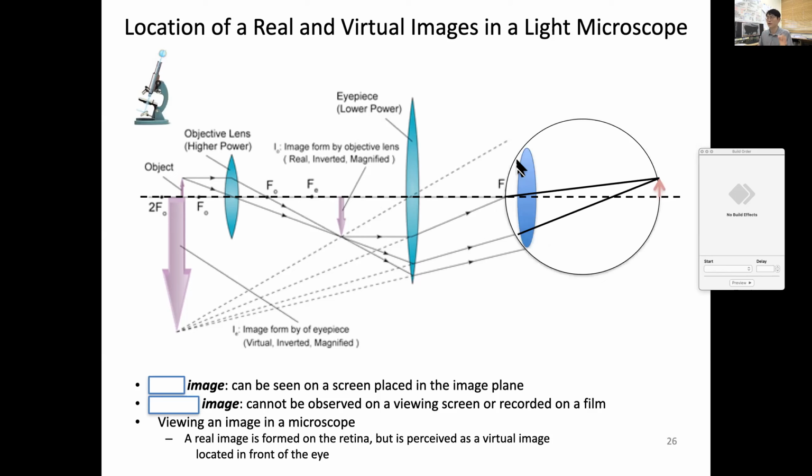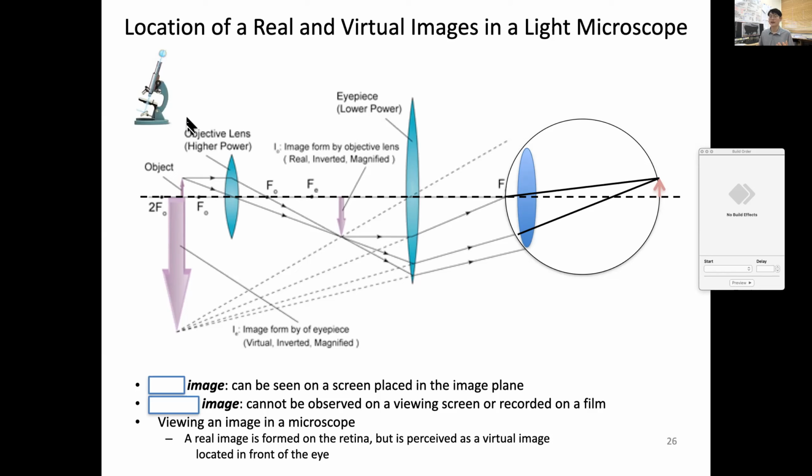So here comes our eyeball, and our eyeball will perceive these rays to form an image over here, and we consider the object through our lens to exist over here. Isn't it amazing? So that's how we actually see under the microscope.